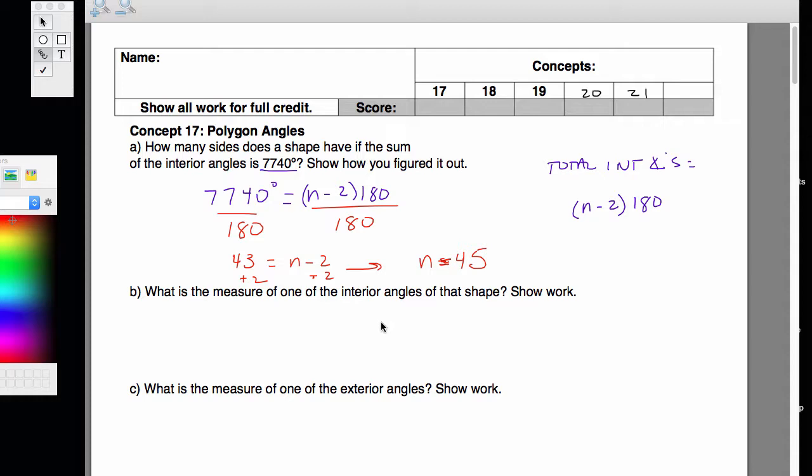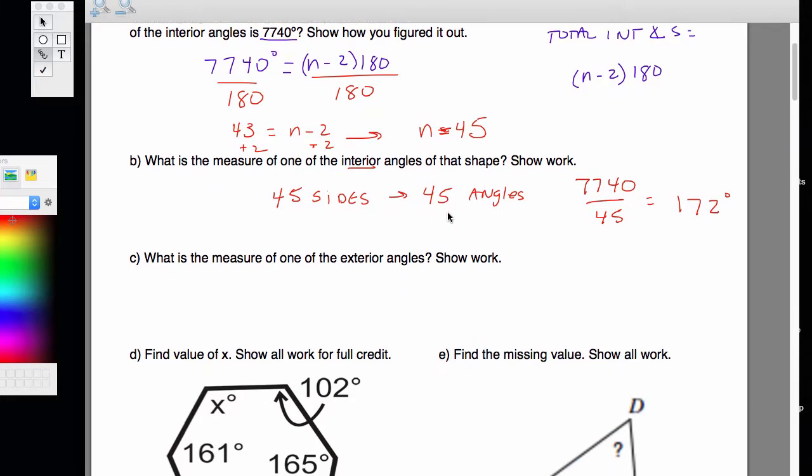Okay, and so what's the measure of one interior angle? Well, if I have 45 sides, that means 45 angles. So I'm going to take the total number of degrees, 7740, and divide by 45 to get 172 degrees.